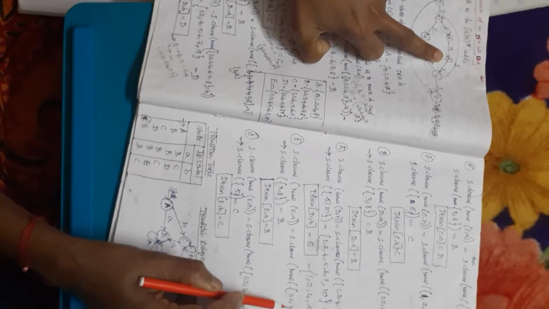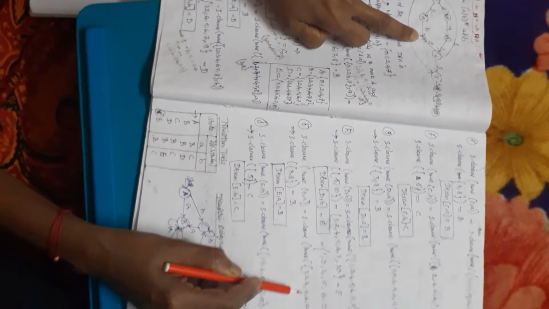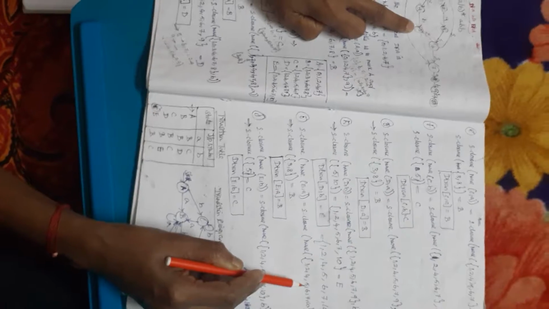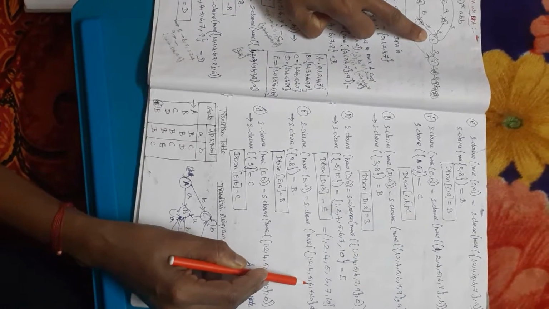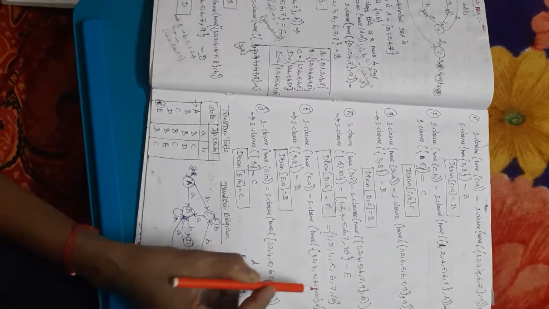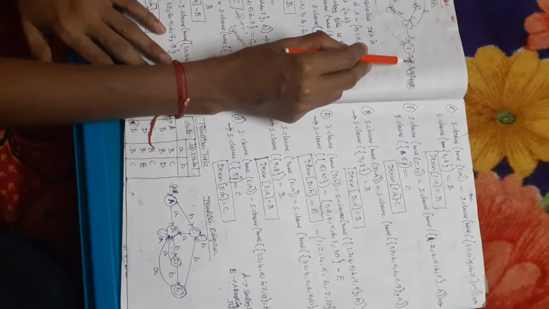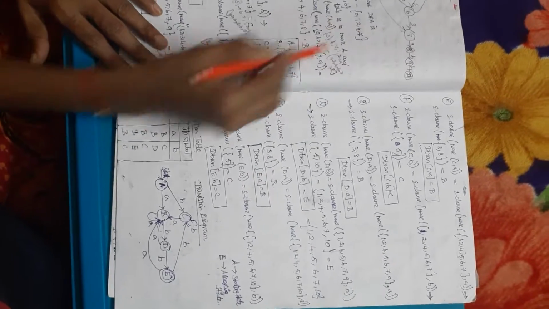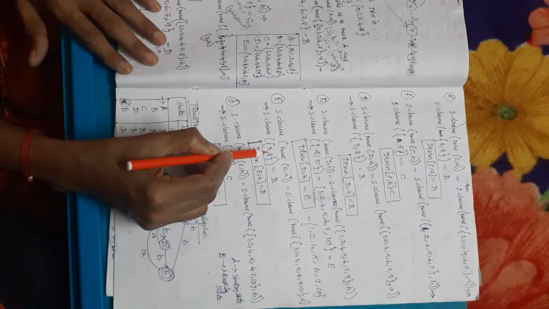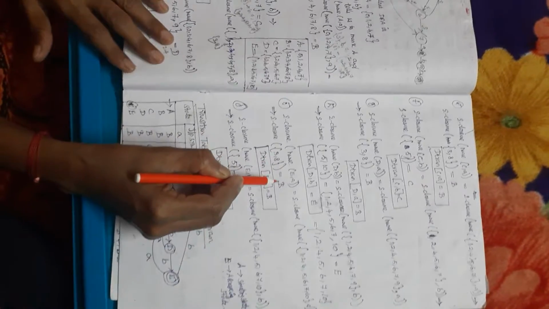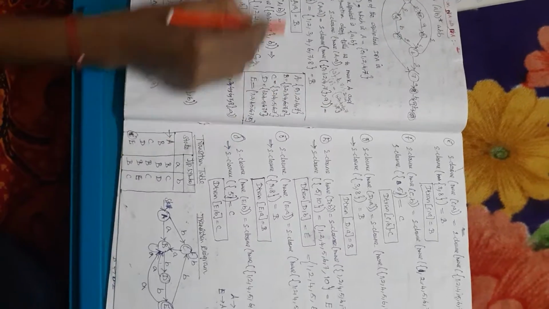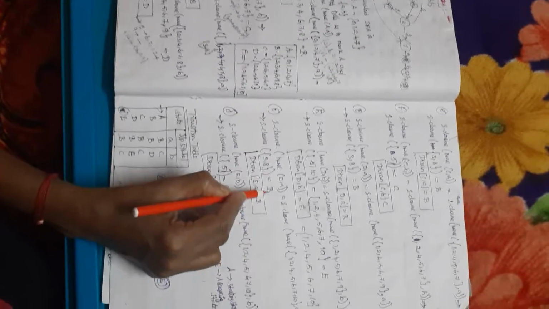Then check 4: it can move to 5, no need to add. Next check 5 to 6 is empty. Then check 6 to 7 is empty. Then check 7 to the next one, 8, which is the input symbol a. So E comma A is 3 comma 8. 3 comma 8 is the same value as B, so here write B.